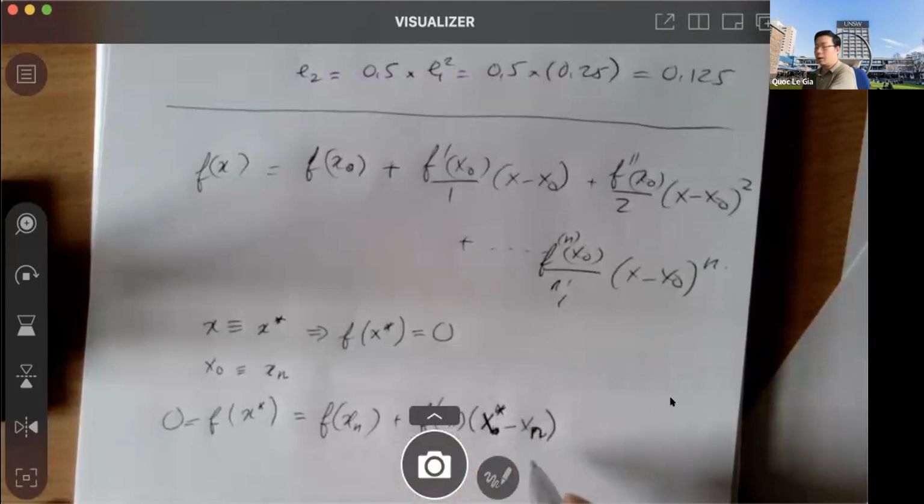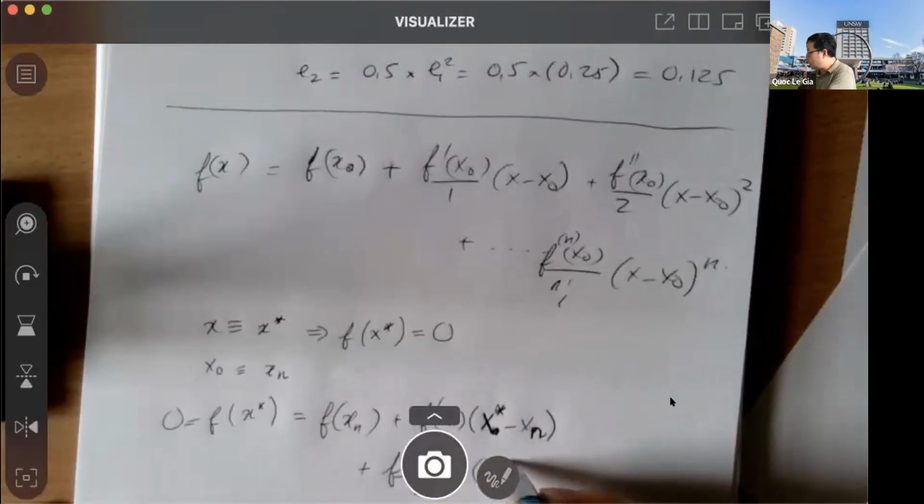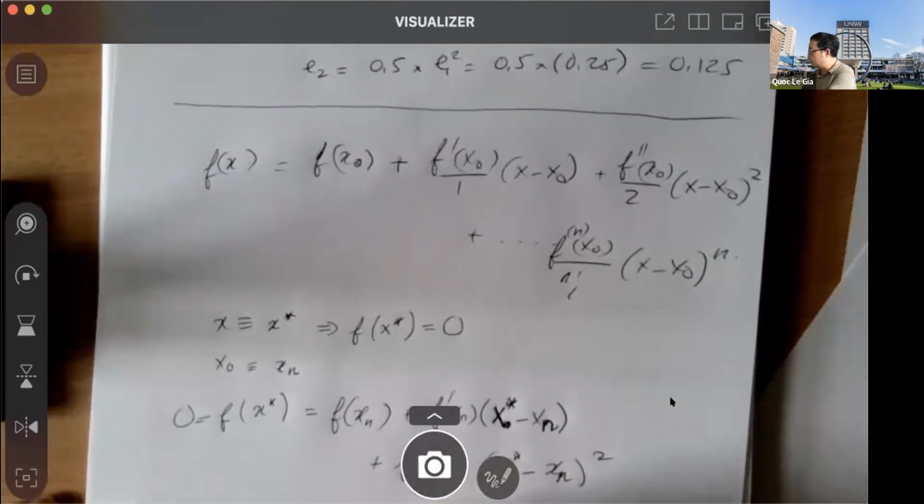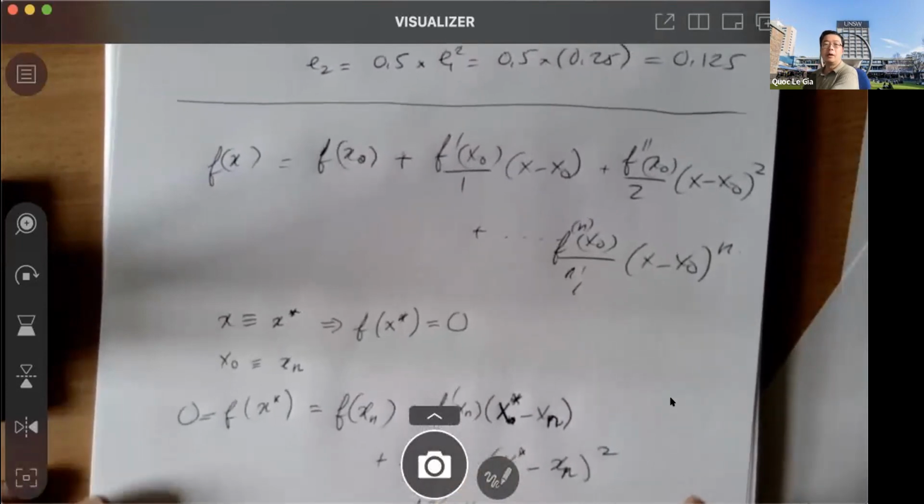Then plus f double prime of x_n over 2 times (x star minus x_n) squared, plus f triple prime of x_n over 3 factorial times (x star minus x_n) cubed, and so on.